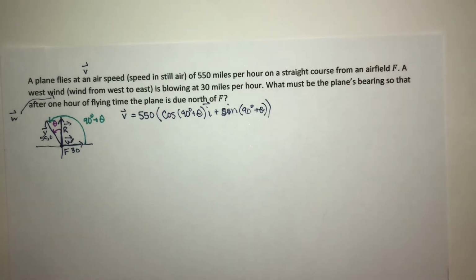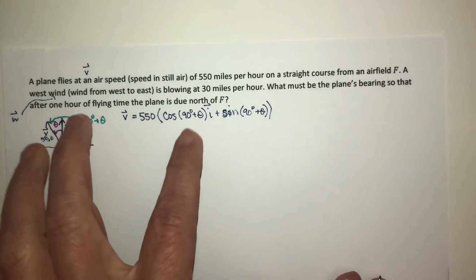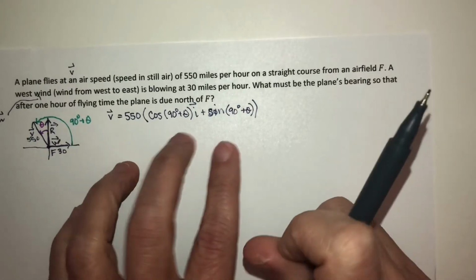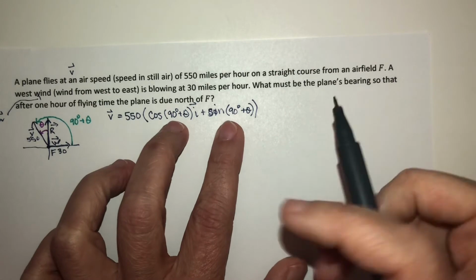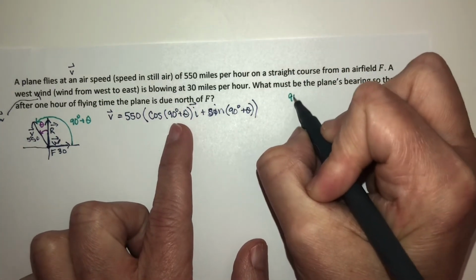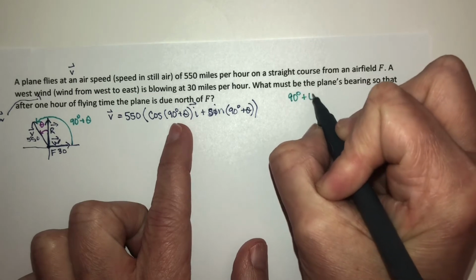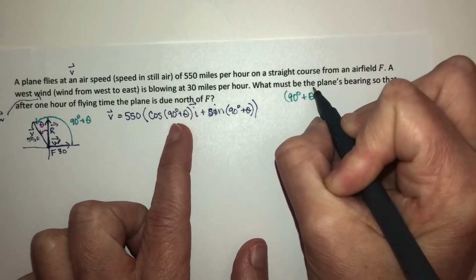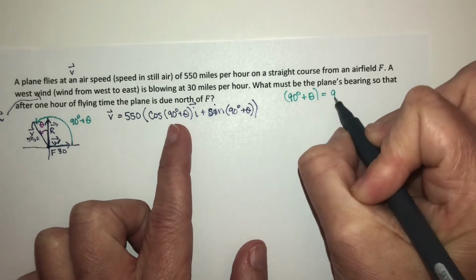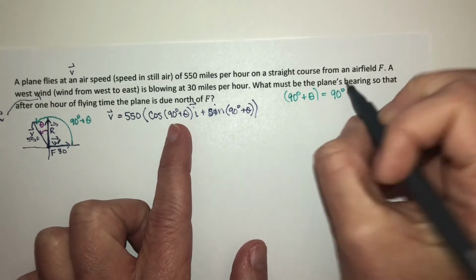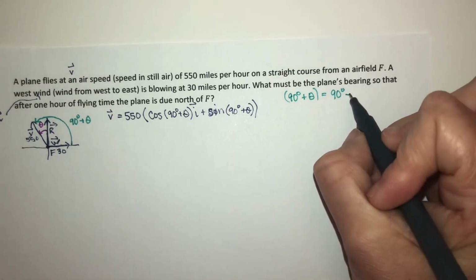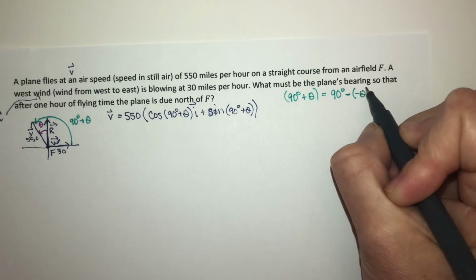Now I'm going to remind you of something here. You can go through and use the identities if you wish, but I'm going to use the cofunction identities to help simplify this. I can write 90 degrees plus theta as 90 degrees plus a negative theta.